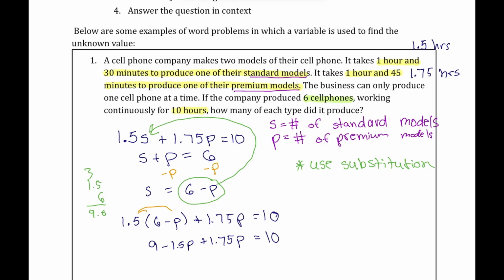Now we can combine like terms with the negative 1.5P and the plus 1.75P. So the 9 stays the same. When we combine those, that's going to become plus 0.25P equals 10.